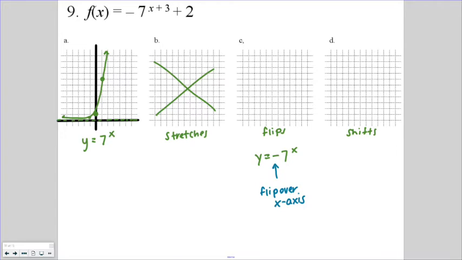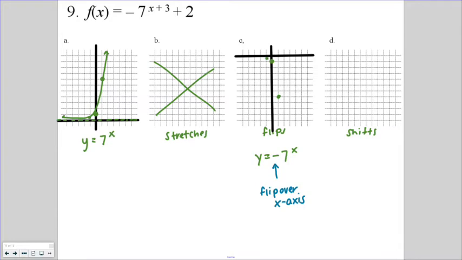So what I'm going to do is I'm going to take my graph from step A, and I'm just going to flip all of those points over the x-axis. So that point 0, 1, instead of 0, 1, it's 0, negative 1. Instead of 1, 7, it's 1, negative 7. Instead of negative 1, 1 7th, it's negative 1, negative 1 7th.